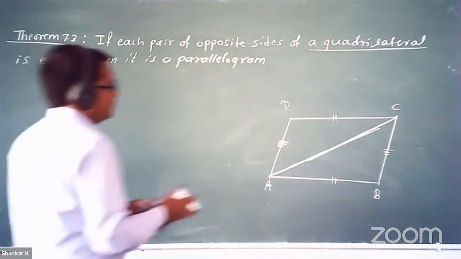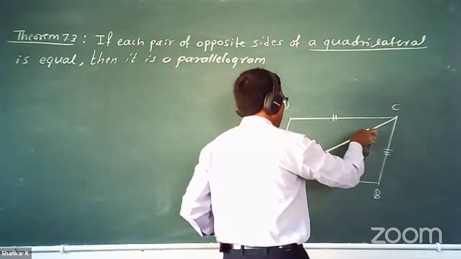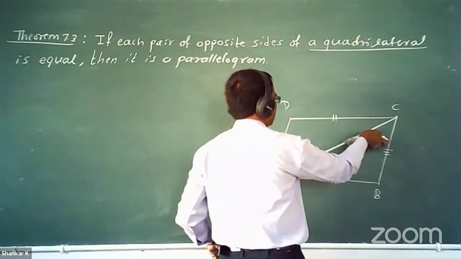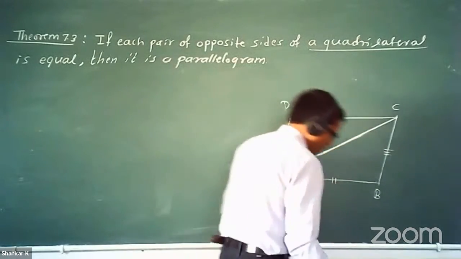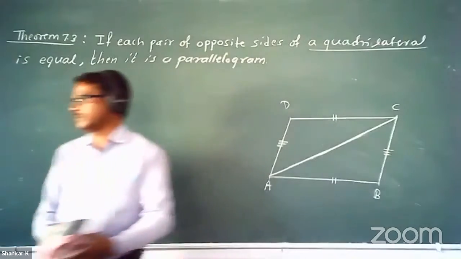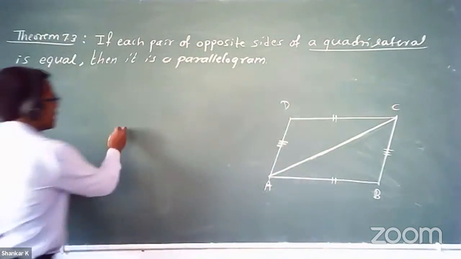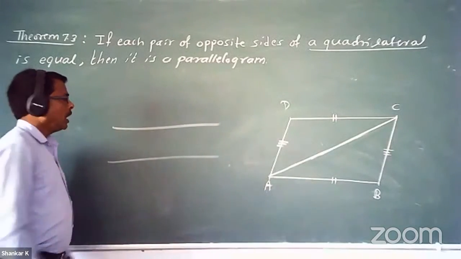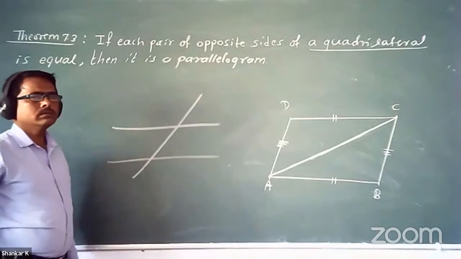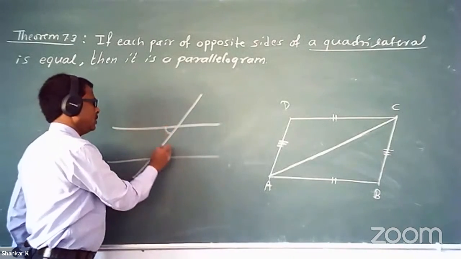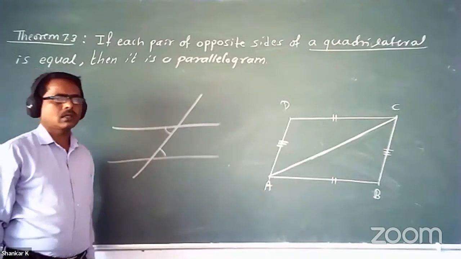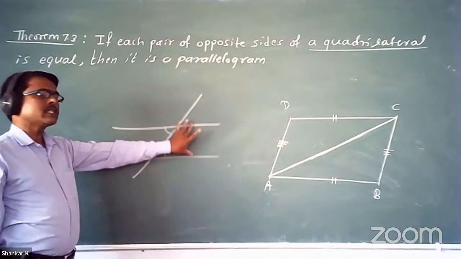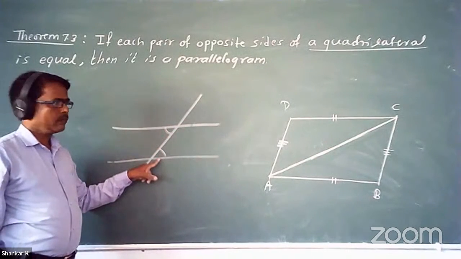Can anyone tell me the steps? How to prove opposite sides are parallel? For example, to prove these two lines are parallel, I can take one transversal and check whether alternate angles are equal or not. If interior alternate angles are equal, these two lines are parallel.